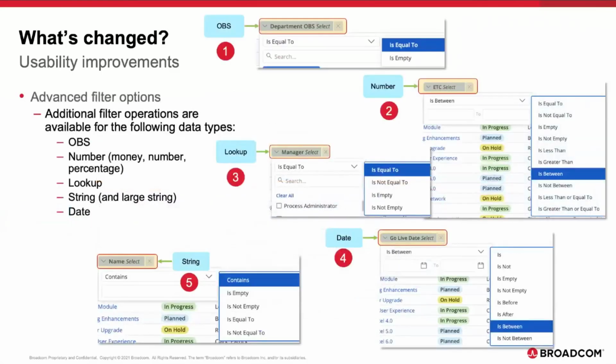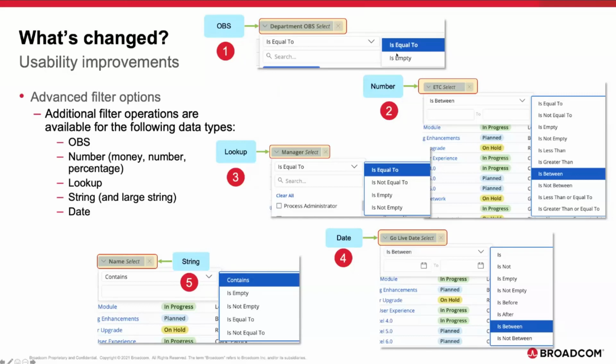The advanced filtering options, this one I'm going to spend a little bit of time on just because there's a lot of content here. We've provided some additional filtering options across these 5 data types here: OBS, number, lookup, string, and date. I've got them all articulated on this slide, and I want you to pay attention to the different options or operators that are available to you.